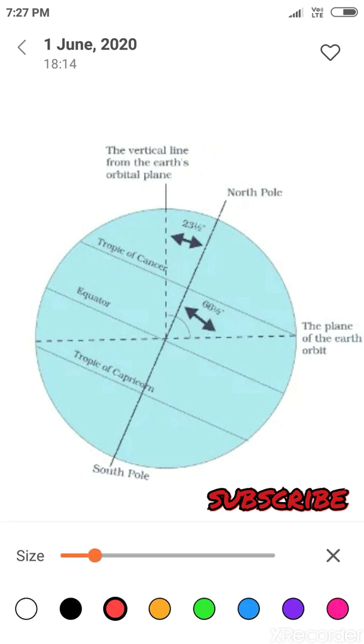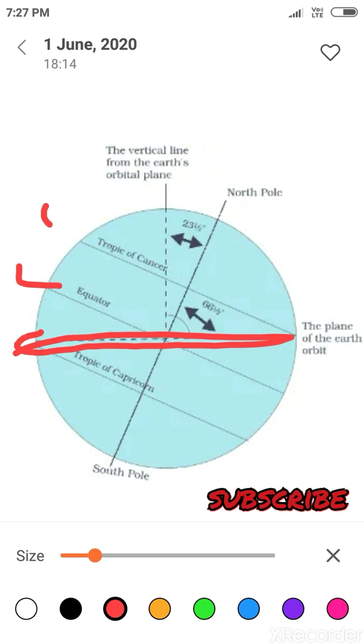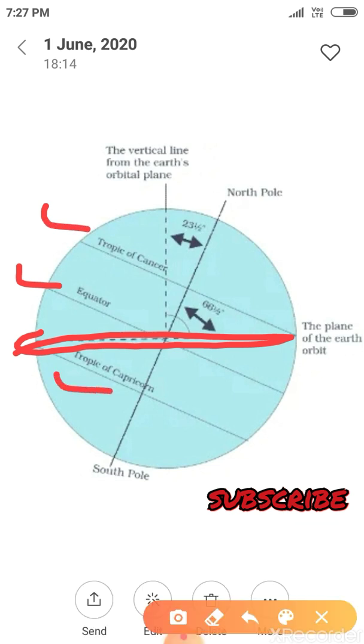Don't be confused here. This is not the equator line. This is the orbital line, because our earth is slightly tilted. That's why the equator is this, and the Tropic of Cancer is this, and the Tropic of Capricorn. I think this is clear to all.